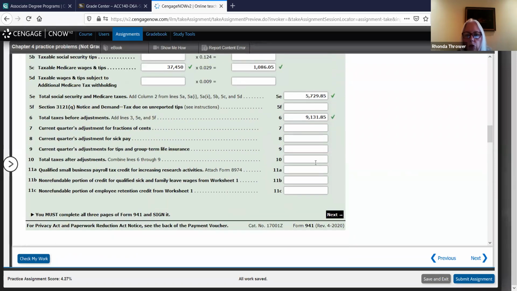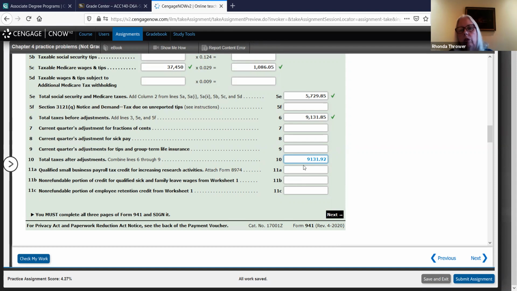But it should also be equal to what goes on line 10. So $9,131.92. This is the total of the deposits. Notice it's not the same as the total tax before the adjustments. So we have to adjust it to be this amount right here.